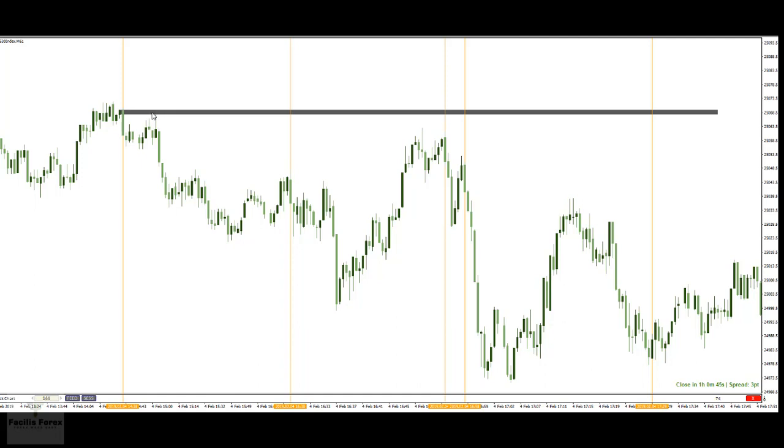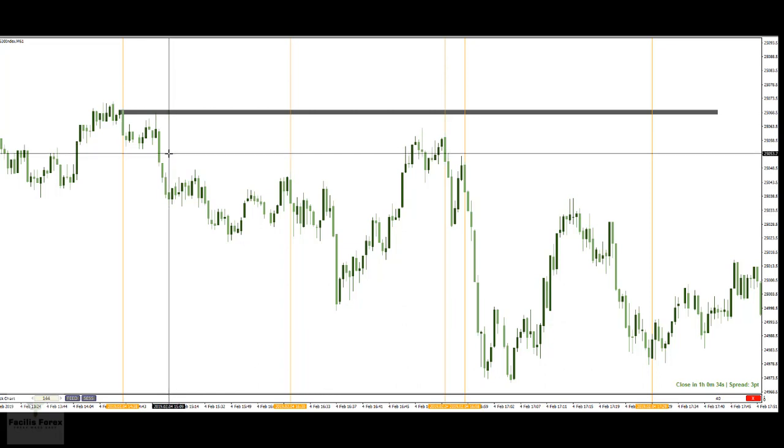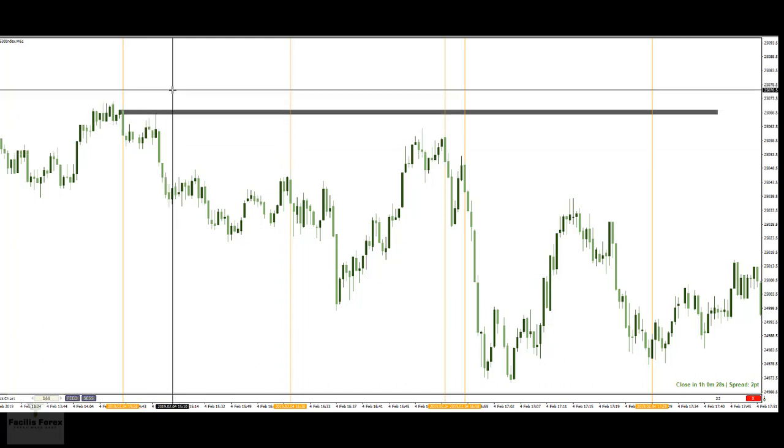Once again, probably not right here, because I'm going to look at price action before anything else, and let's say that all those things did take place, I would probably be getting into this trade somewhere around the bottom of this strong bearish move right here, and then my stop, of course, would have to be back up in here.